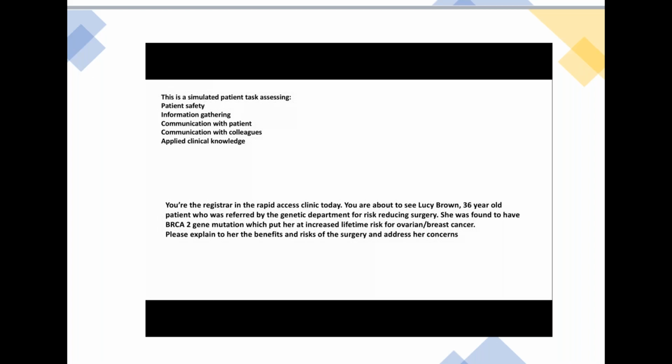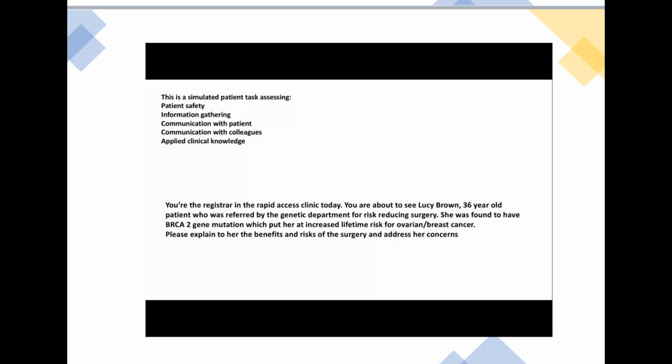She will need a regular DEXA scan to assess her bone density and she will still need to come for the cervical smears. Some patients, if they remove the ovaries, will think that everything has been done, no need for any further screening. No, she has to continue her cervical screening as well.